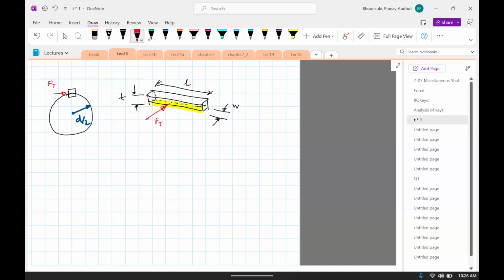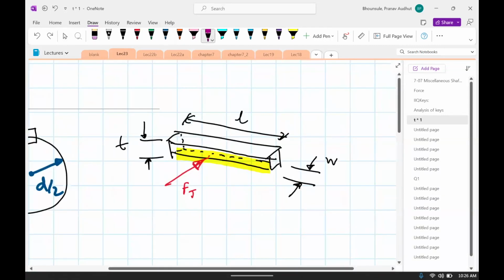The shear stress acts this way, tau, but then it will lead to a complementary shear, which will be acting in the opposite direction. So this force will lead to a shear, and that shear will also lead to a complementary shear this way, right? Because shear always comes in a pair.